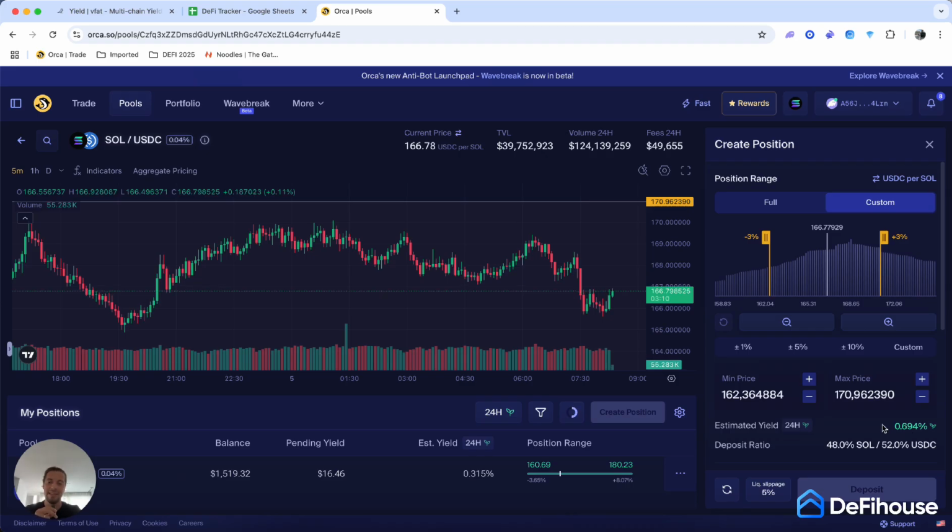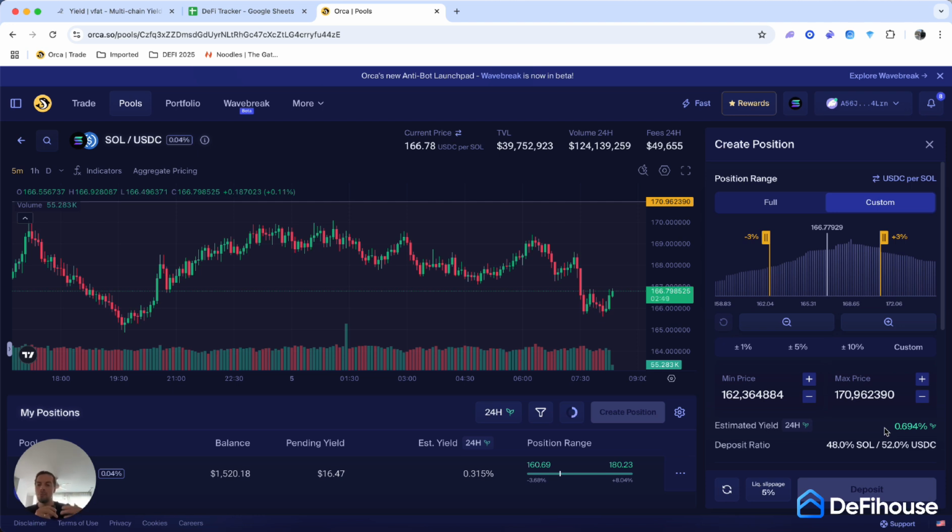Sometimes you might get even more, let's say 0.9% per day, but in most cases, it's going to be a bit less. So my best recommendation is to always divide this number by 2. So in this case, it would be 0.35, 0.4, more or less, something like that, which is way more realistic.